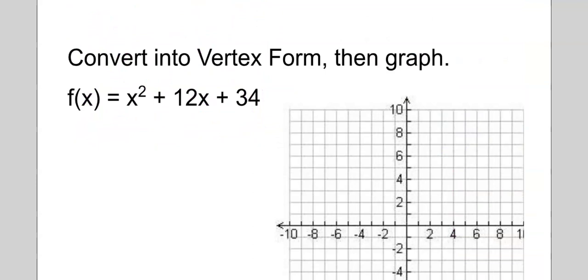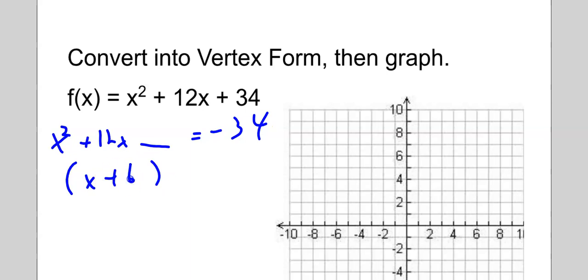Okay, same thing. We're just going to do complete the square. So x squared plus 12x, space, equals -34. It's good practice, right? We're going to put x plus 6 squared. Come up here and put 36 and add 36 here, which will give me 2.